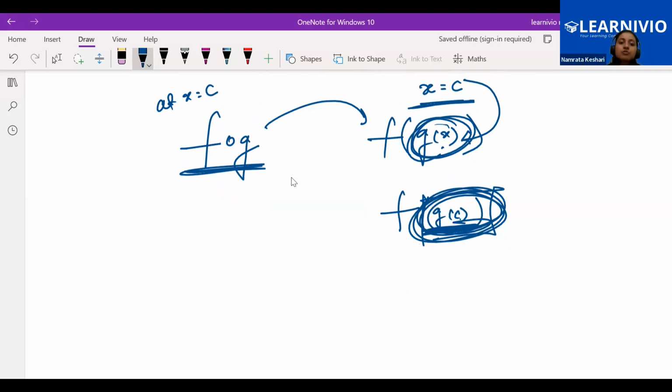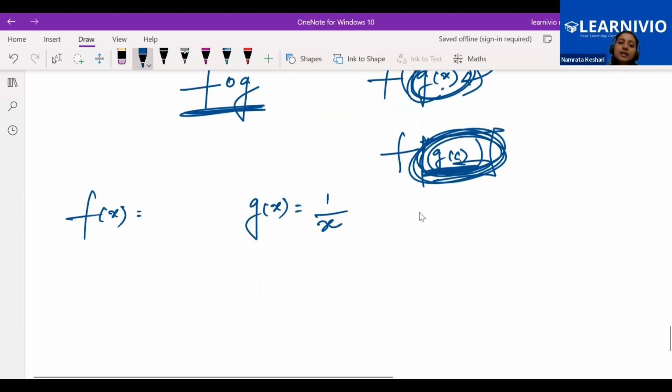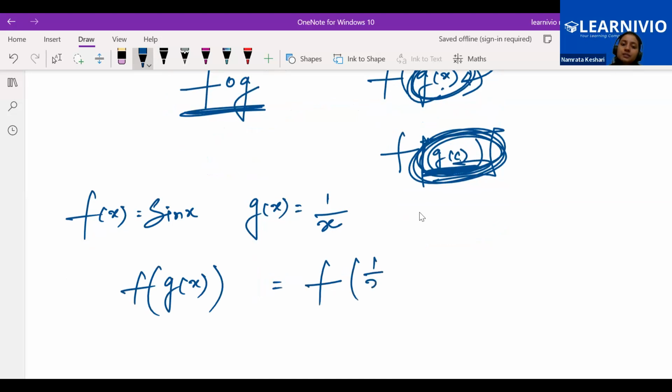Suppose we are having g of x is equals to 1 by x, and f of x is equals to, let's say, sin x. Then f of g x will be f of 1 by x, right, Fatima? Yes, ma'am.